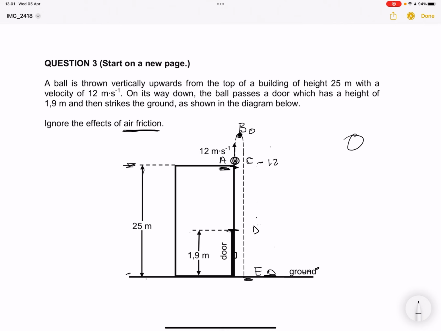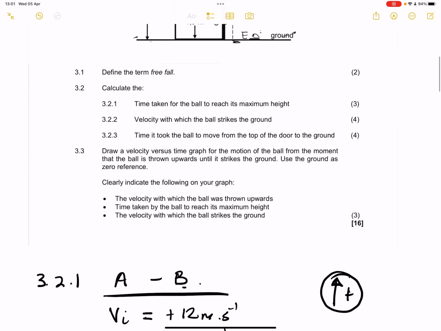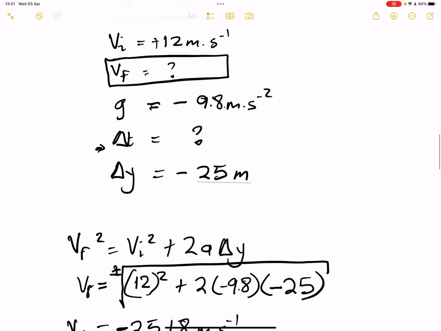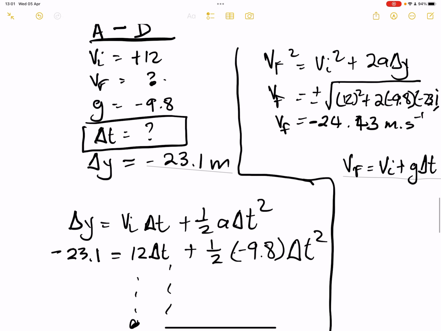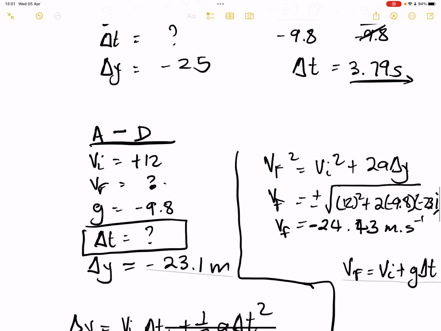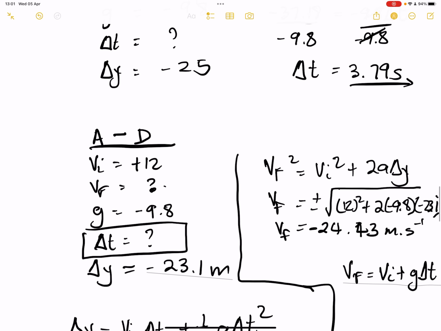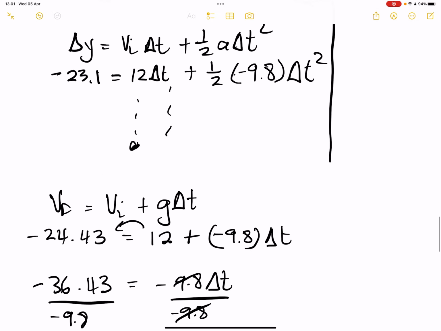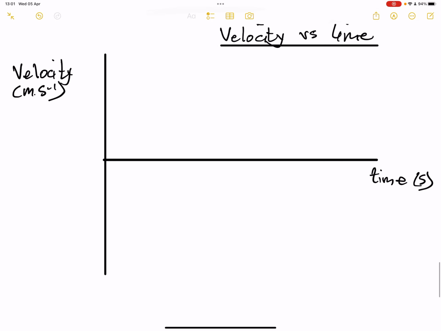So it goes from positive 12 to 0 to negative 12, okay? And all the way we got the velocity at this point to be negative, I think 24 point something. Where is that? Yeah, there it is. We got it to be 24.43. That would be the velocity when it reaches the ground, right?